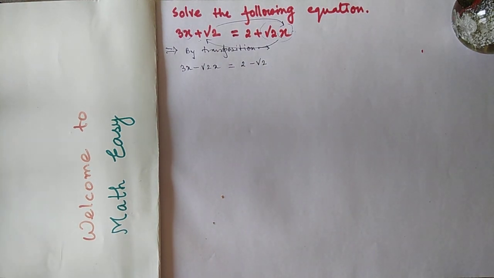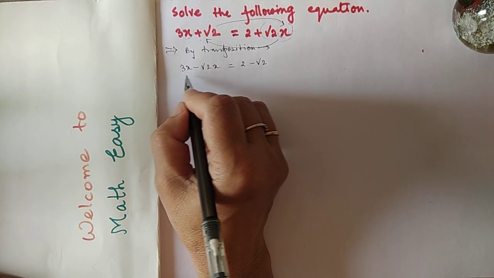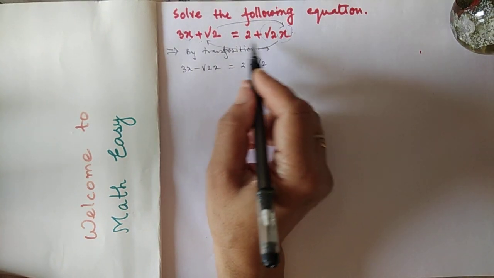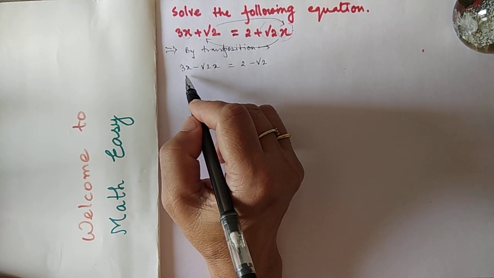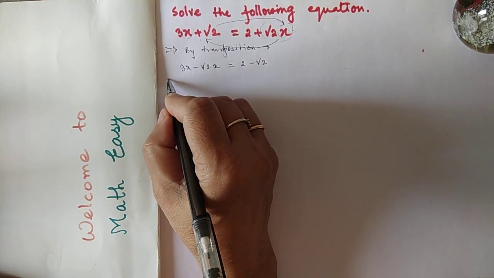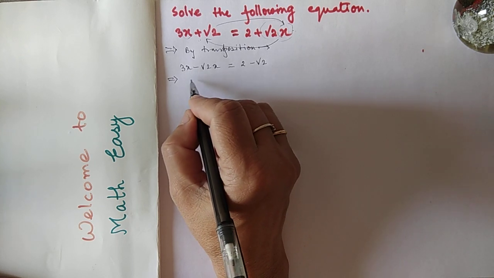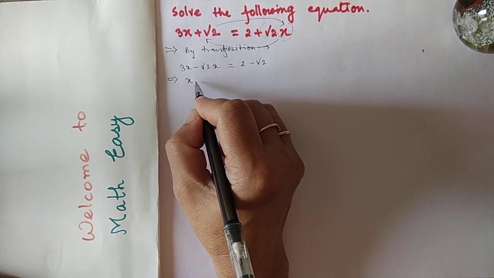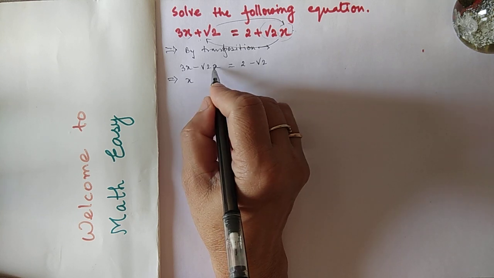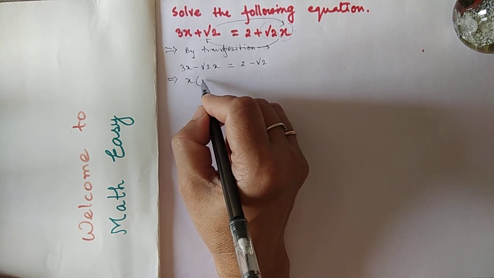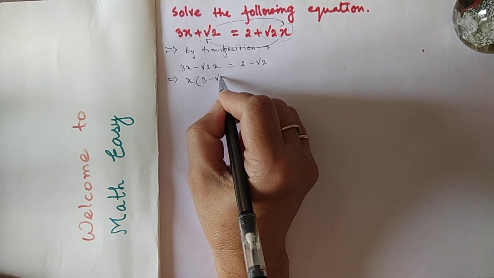Isn't it? Now both the x terms, the variable, are together on one side. x is there with both the terms, so we take x outside. It is common to both the terms, so x will be outside, and the bracket will give 3 minus root 2.